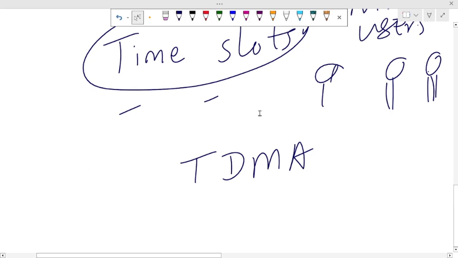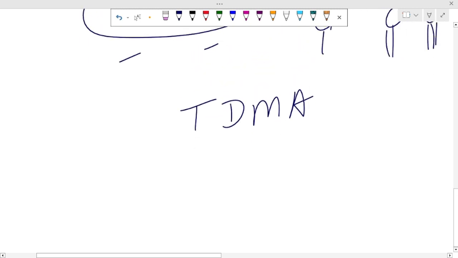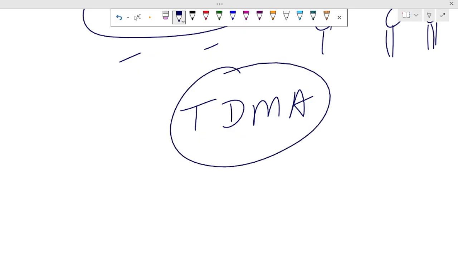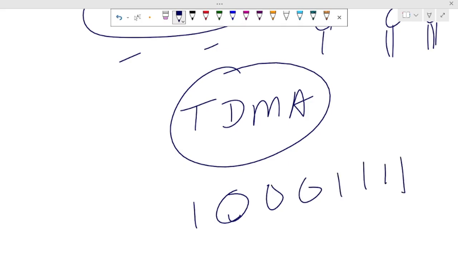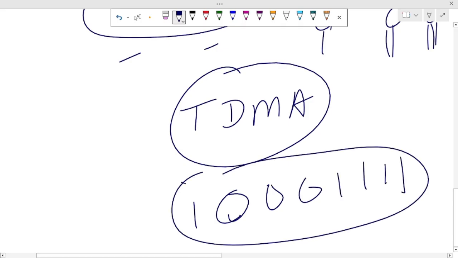Now, in the same second generation, they also introduced another technique whereby different users can make use of the same frequency. They can even make use of the same time. But the difference is now codes, that is a combination of ones and zeros, different combinations. This code is multiplied by the person's signal.